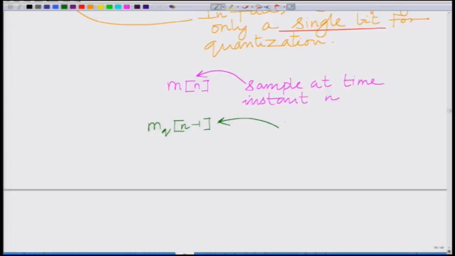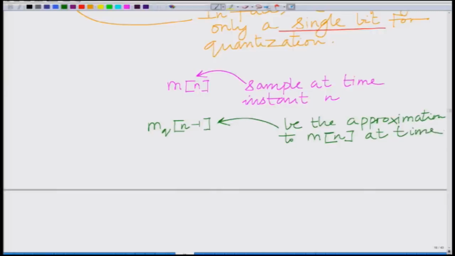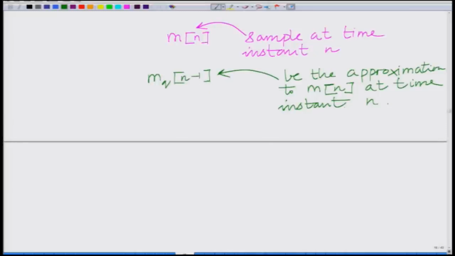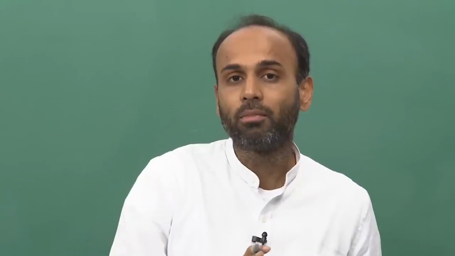So M[n] we get from the sampling, MQ[n-1] be the approximation to M[n] at time instant n, the quantized approximation.